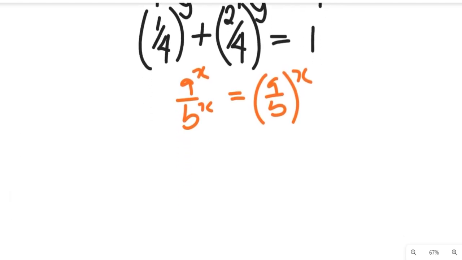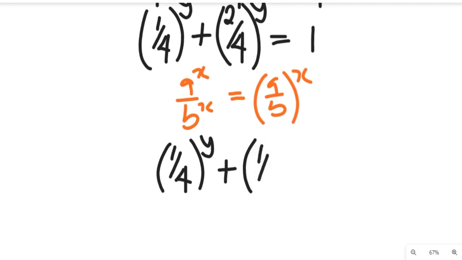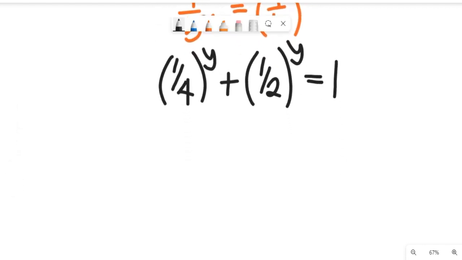Now if you look at that very well, we'll have 1 divided by 4 to the power of y plus this other value, which can also simplify: 2 divided by 4 can give us 1 divided by 2, all to the power of y. And 1 to the power of 2 is equal to 1, remember 2 to the power of 2 is equal to 4.